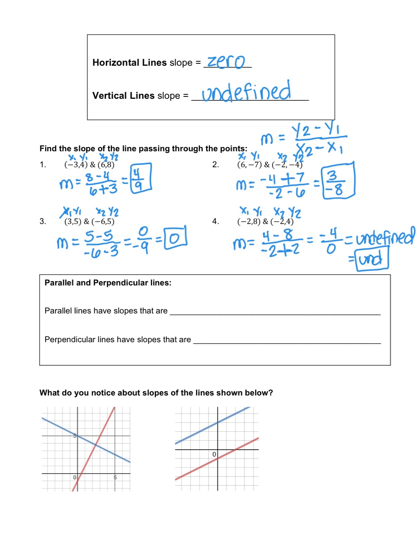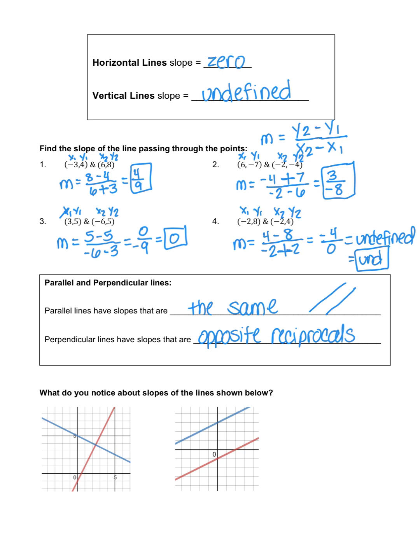Parallel and perpendicular lines. Parallel lines have slopes that are the same. So your parallel lines look something like this. They will have slopes that are the same. Perpendicular lines have slopes that are opposite reciprocals. These are terms that you will have to remember for Algebra 1 and Algebra 2.